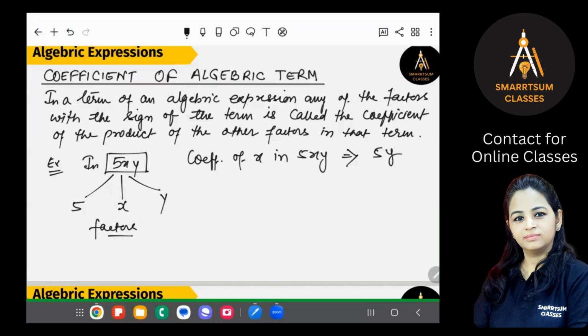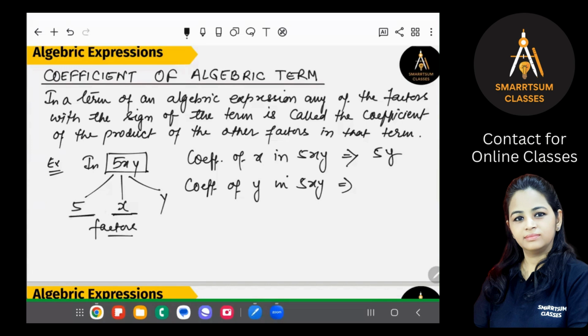Means, excluding x, the product of the remaining factors is the coefficient of that factor in the term 5xy. Is that clear? Similarly, if you find the coefficient of y in 5xy, other than y, what are the factors? x and 5.